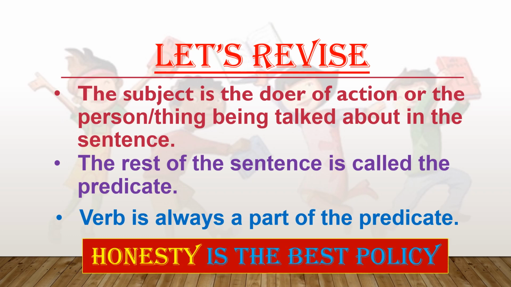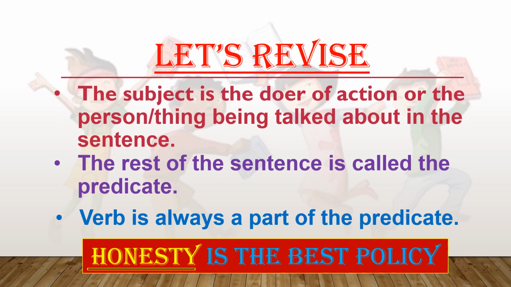Honesty is the best policy. Here, just ask yourself, what are we talking about? We are talking about honesty. So honesty is the subject here. And just ask the subject this question now. Honesty what?